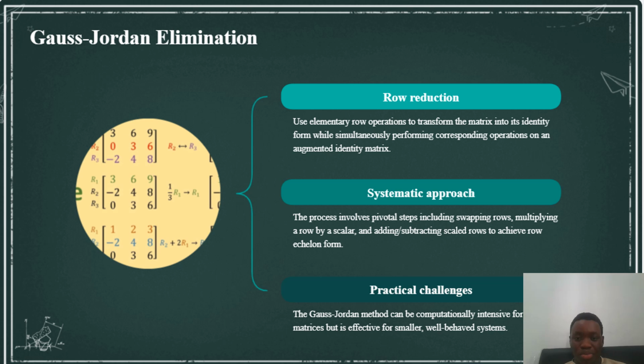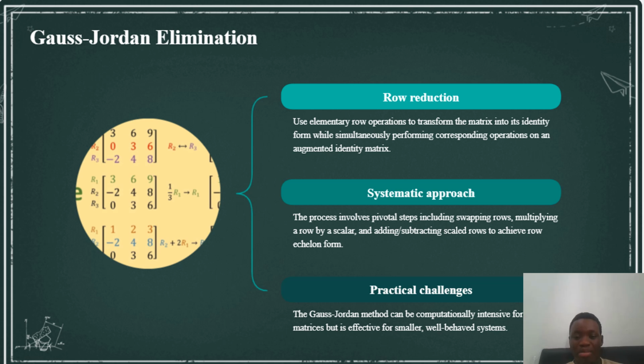Row reduction is the first step in this Gauss-Jordan method. Use elementary row operations, that's ERO, to transform the matrix into its identity form while simultaneously performing corresponding operations on an augmented identity matrix.